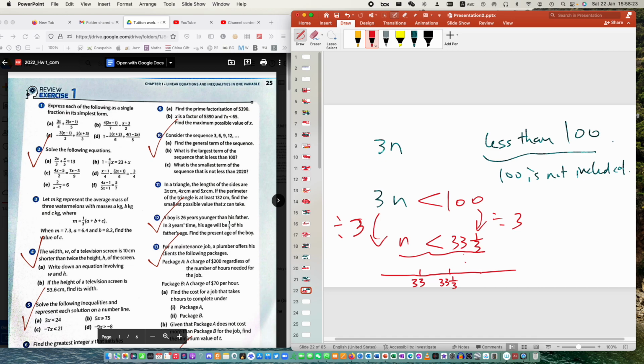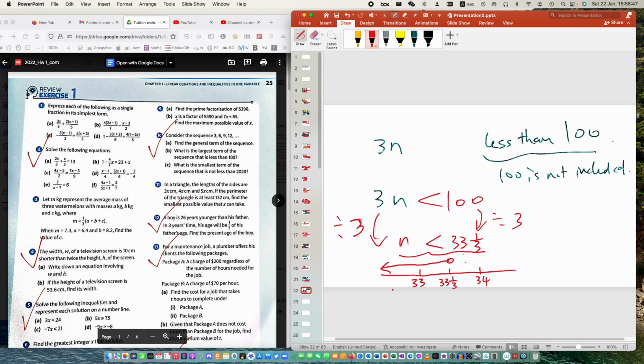What's on the right? 34. In between 33 something. How do you represent this? Included or not included? Not included. Hollow. Left or right? Left.